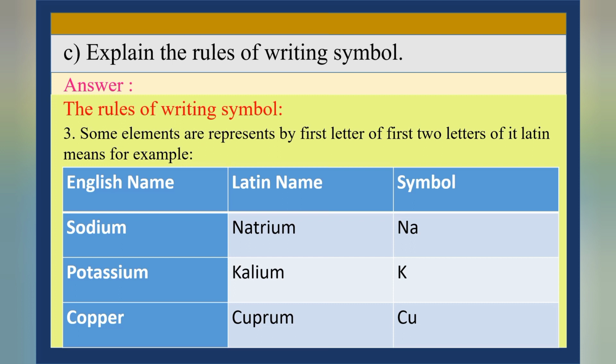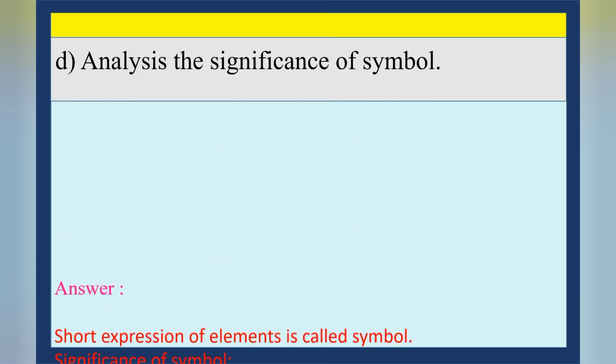Again in that way, for potassium the Latin name is kalium, and the symbol will be K only. And if we see copper, its Latin name is cuprum, and that's why we use u after this C. So you see that these three examples are based on this topic, where the Latin name comes forward.